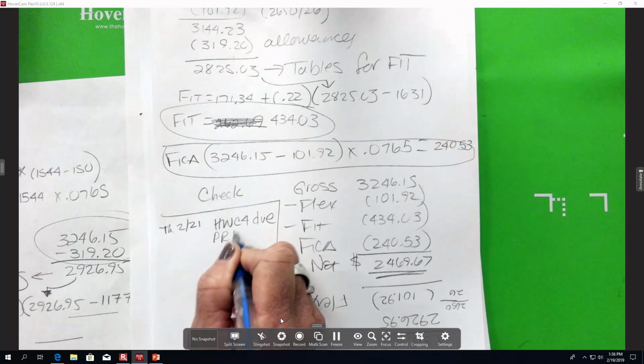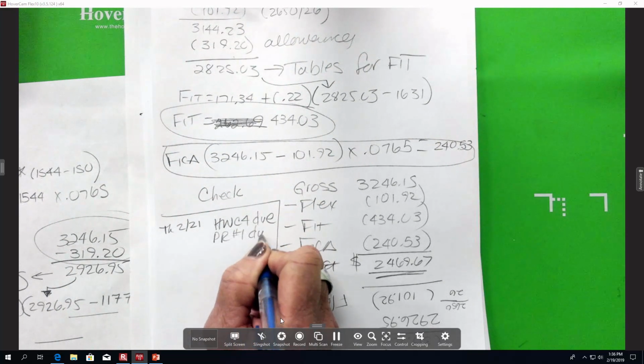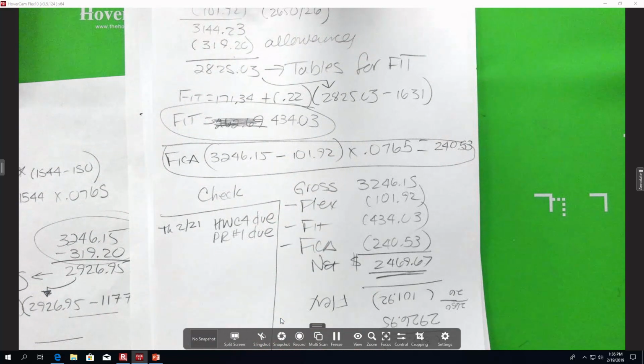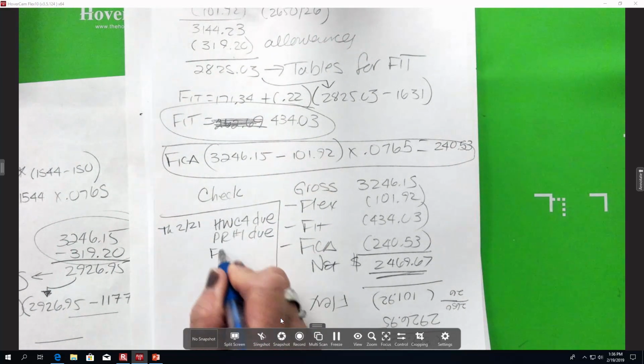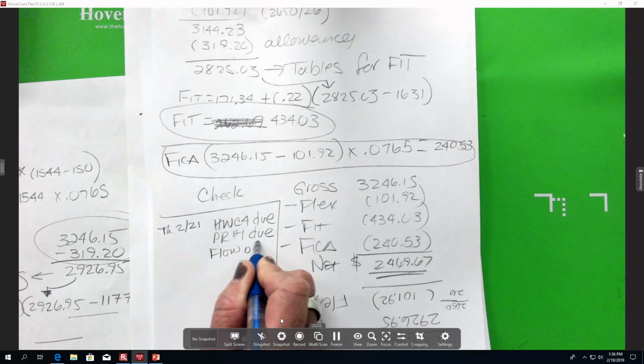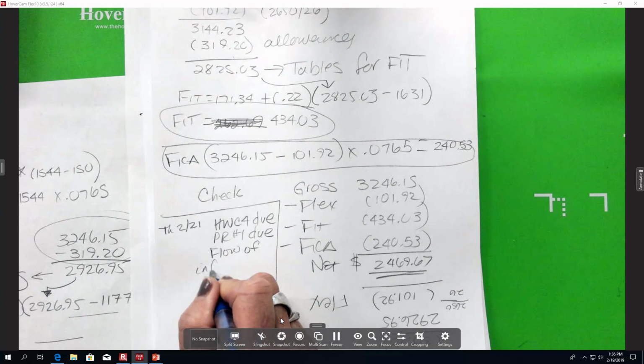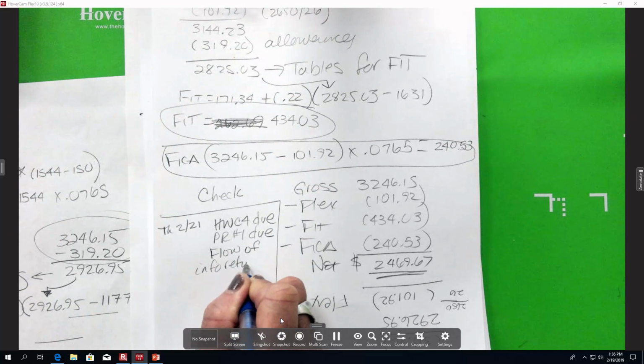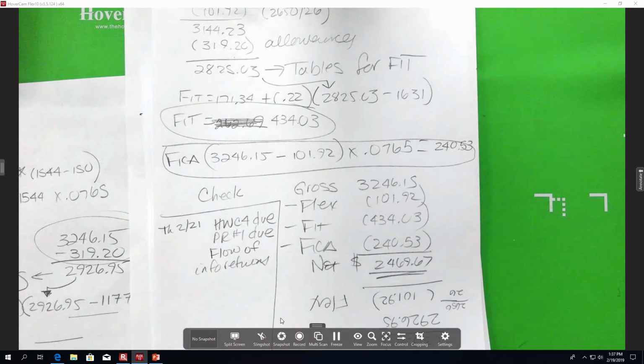Payroll problem number 1 is due. And we'll go over those, and then I'm going to do a flow chart of informational returns. So how do you do W-2s? How do you do 1099s? Who do you send them to? What date are they due by? What do you do with the 941s, et cetera.